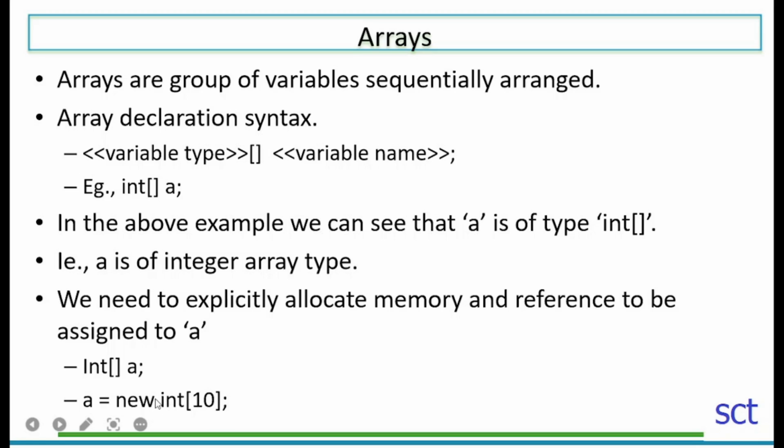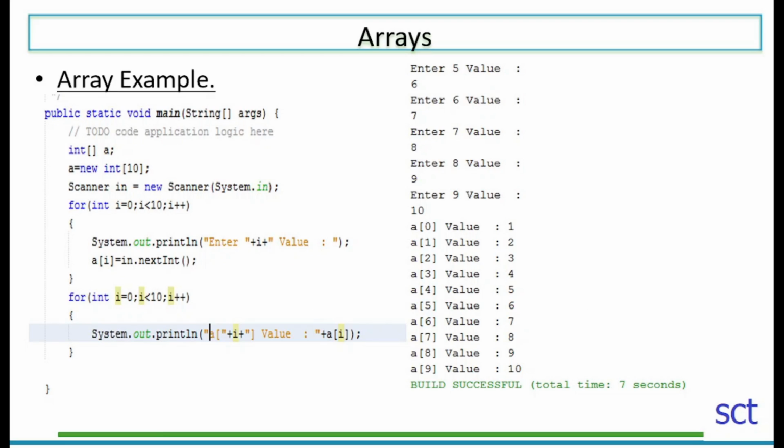That means you have 10 integer memory allocations done for this a, and each memory allocation can be accessed by using a[0], a[1], a[2] like that. Okay, so this is one small example to explain the array, which we will also be doing.